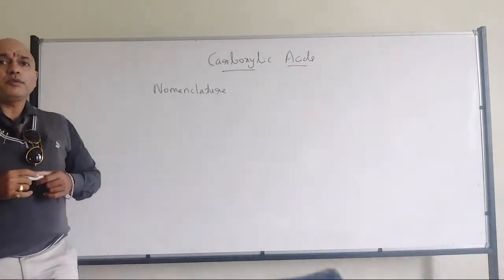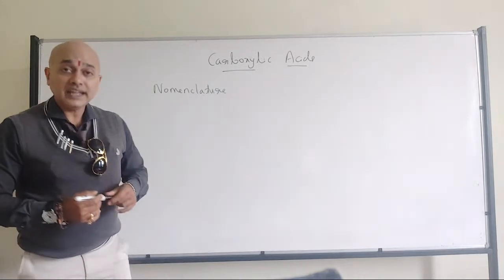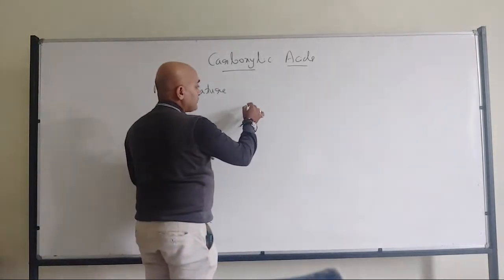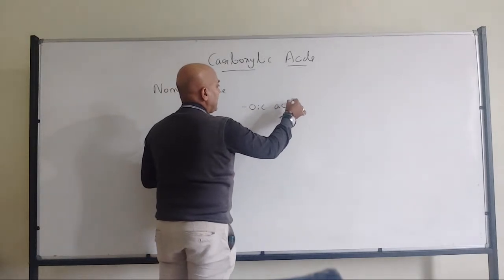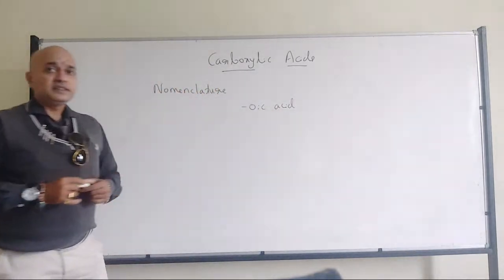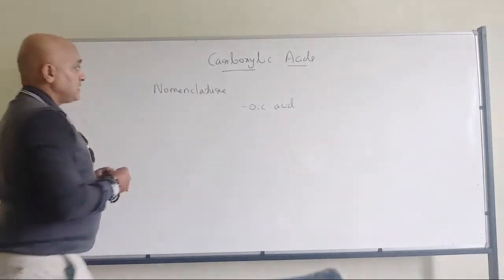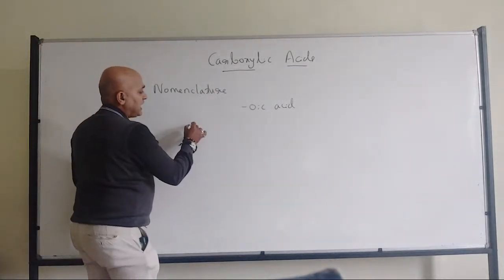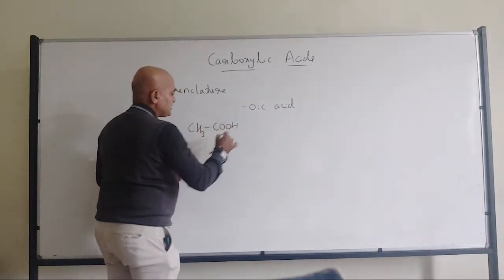When I am talking about the naming of a carboxylic acid group containing molecule, all of us know that the name of the molecule should end with oic acid. Say for example, I have CH3COOH.